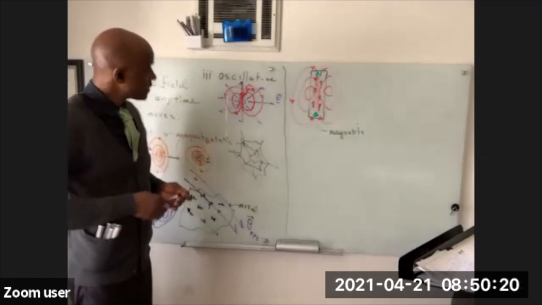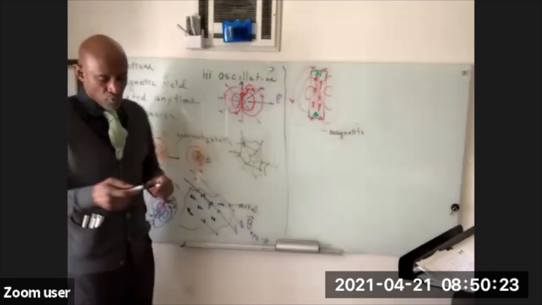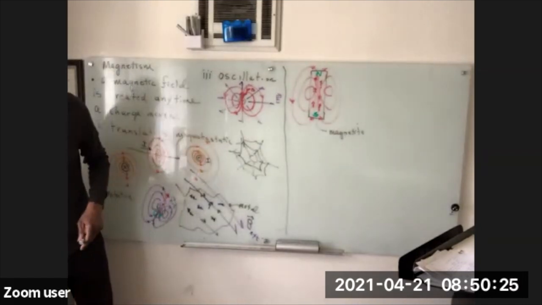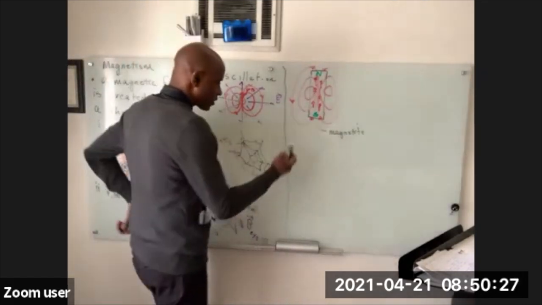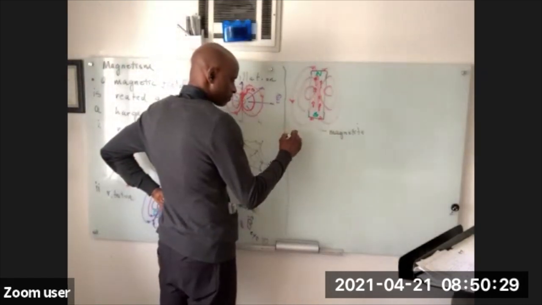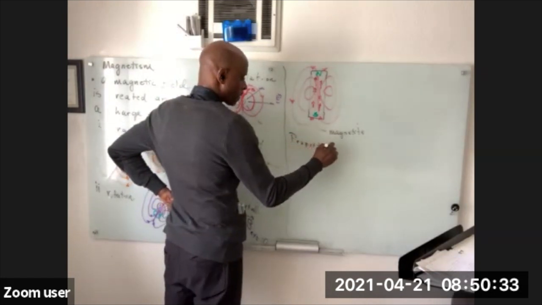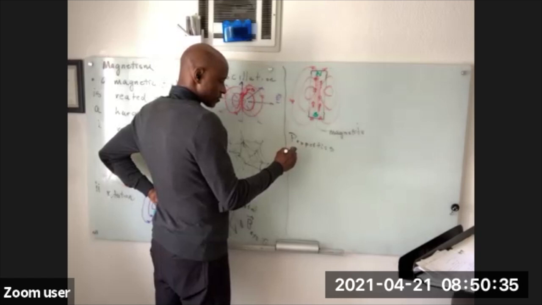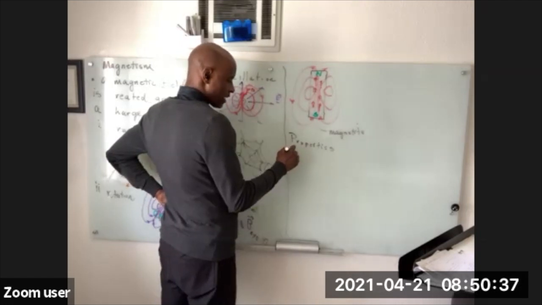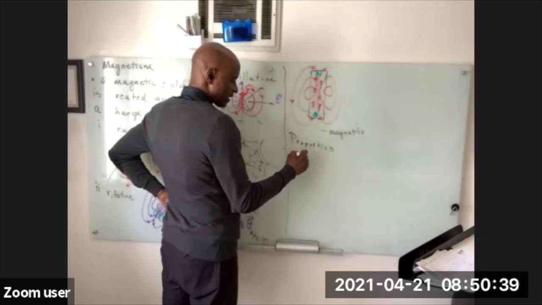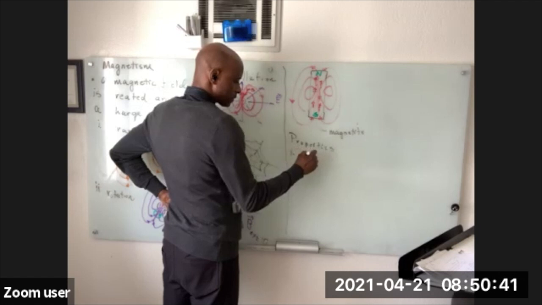I said something kind of important that we should list as a property. I've described how bar magnets are formed, and we can say that magnetic field lines are continuous.